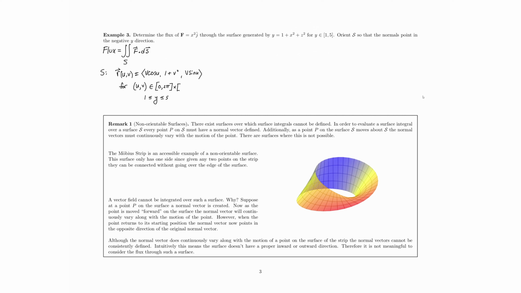And we know that y is actually 1 plus v squared. So we can deduce that v squared must be between 0 and 4. And since we're interpreting this v as a radius, we can take the square root of both sides, taking the positive root. So v is between 0 and 2.